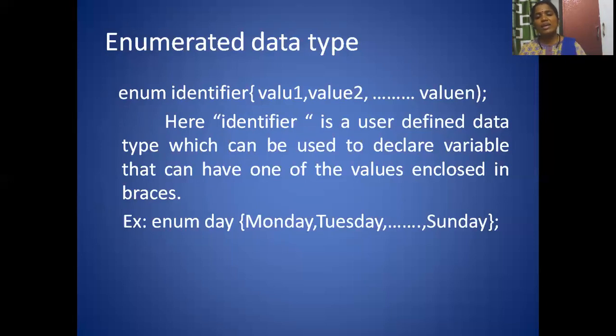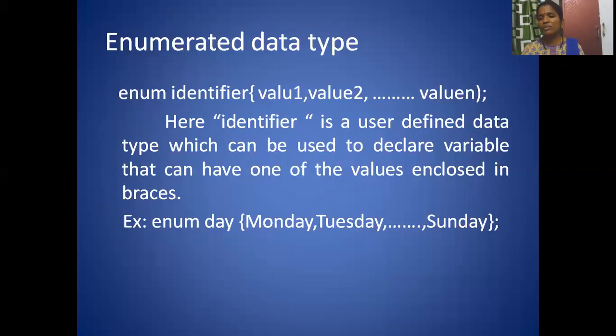So this is an example. Enum is the keyword I use, then identifier. It can be flowers, it can be months, or it can be days or anything. So depending on that, I will write the values. These values are my wish. I can group any type of the values into one group. So here identifier is a user defined data type. It's my own data type.